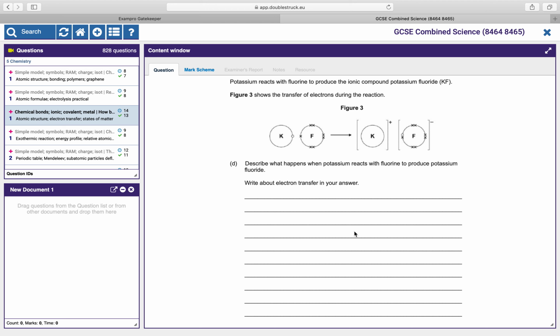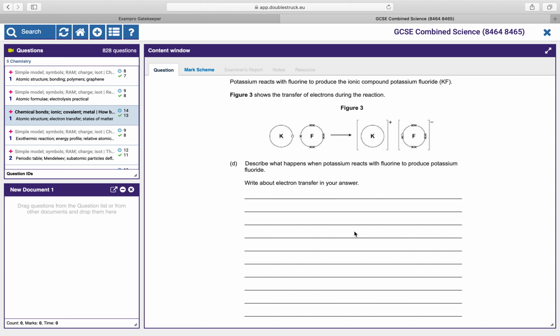And you would write how the potassium forms a potassium ion, and the fluorine will also form a fluoride ion. So what's that process? How does one get the negative charge? How does one get the positive charge?